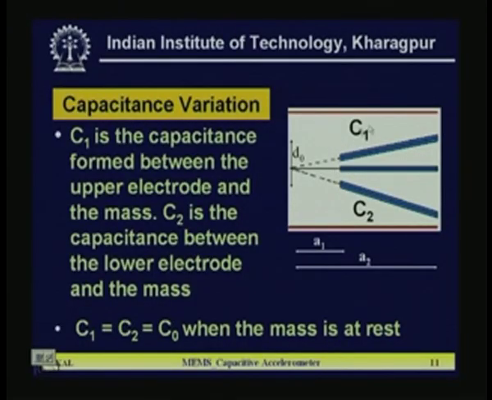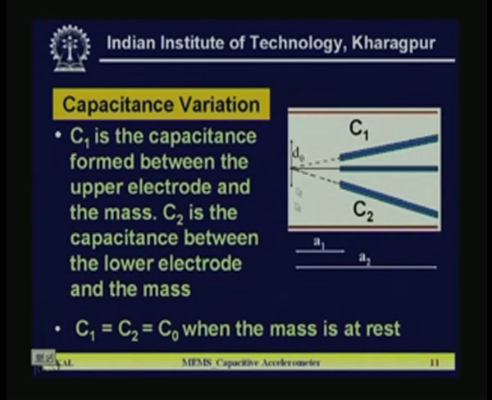Now as I told you, there are two capacitances. How the capacitance changes is shown in the diagram. The red lines, top and bottom, are the two fixed parallel plates, that is top electrode and bottom electrode, and the middle one is the sensing element. Now with the movement of this whole structure, the seismic mass will go upward or downward, depending on its acceleration or deceleration, and d naught is the maximum deflection from this point to this point.